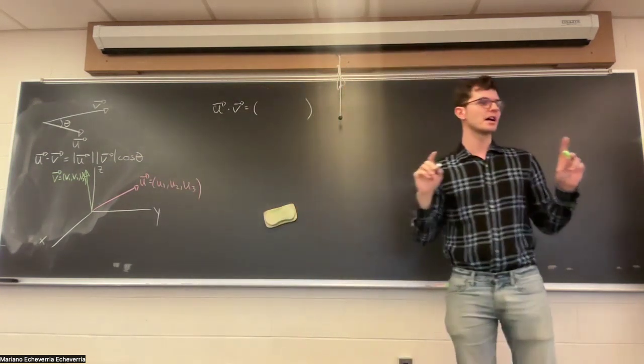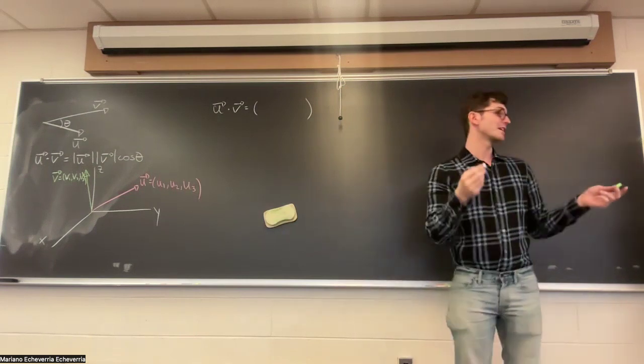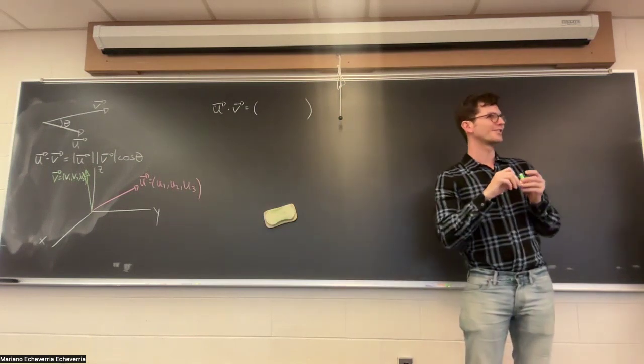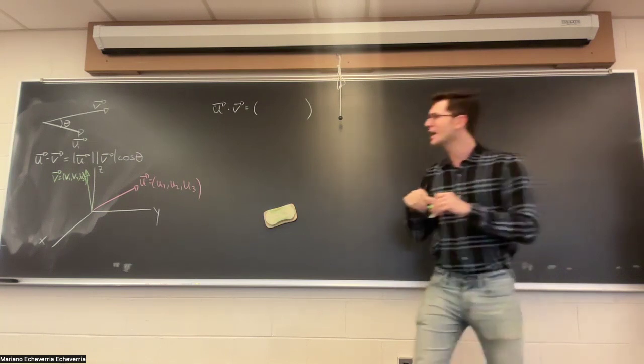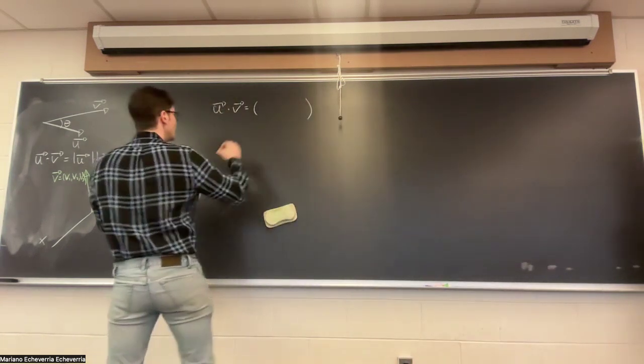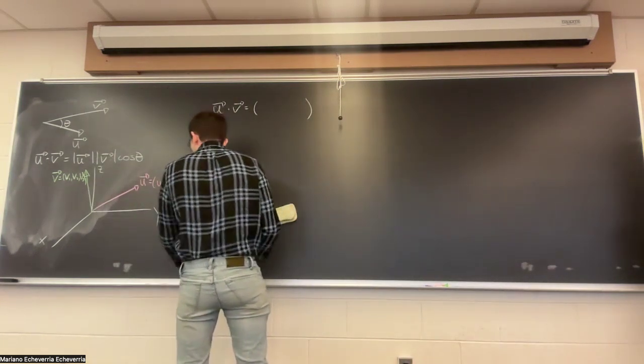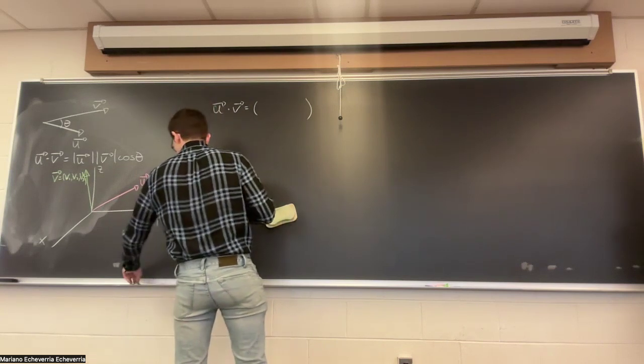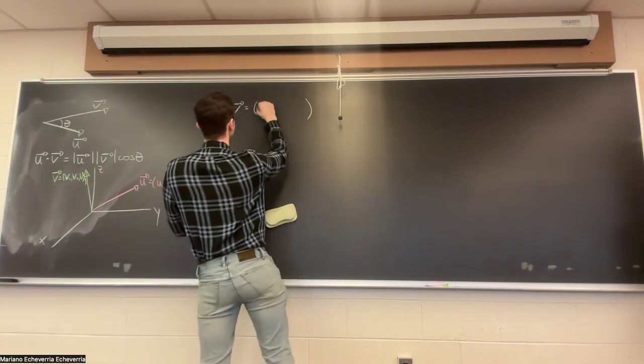The key is, that's why I mentioned the unit vectors last time, the key is to rewrite the vectors in terms of i, j, and k. So u is just u1 i plus u2 j plus u3 k.